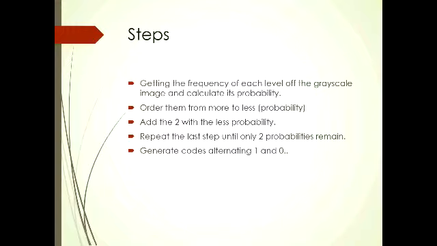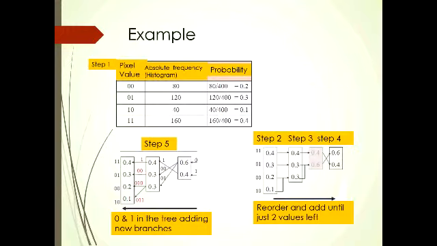After that, we generate the codes, alternating ones and zeros. As we can see in this example, in the first step, we check the pixel value and get its frequency. To get the probability, as we can see, the pixel value 1 has a frequency of 160.